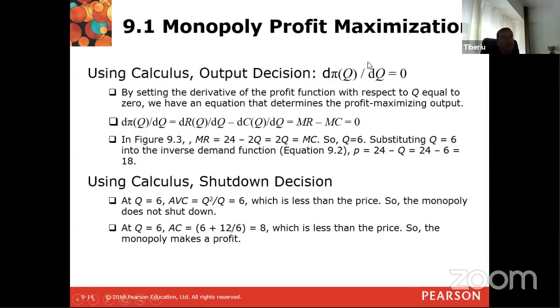The derivative of profit with respect to quantity has to be zero. By setting the derivative of the profit function with respect to quantity equal to zero, we have an equation that determines the profit-maximizing output.